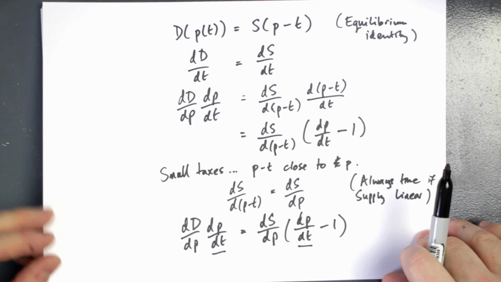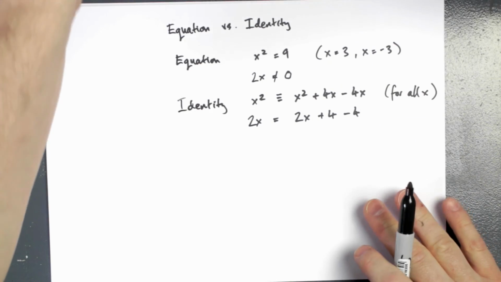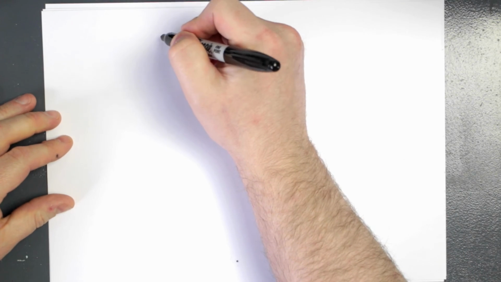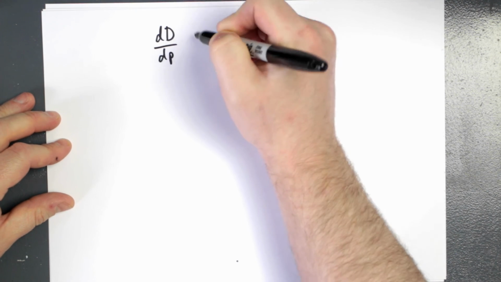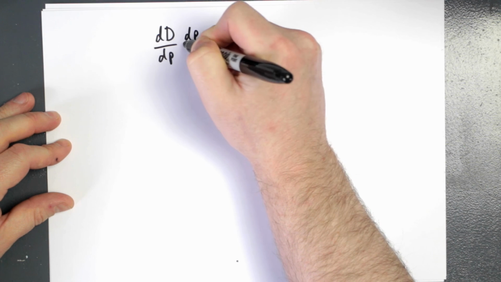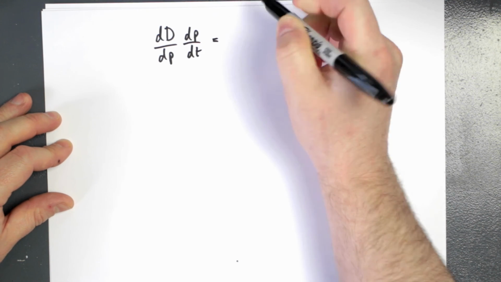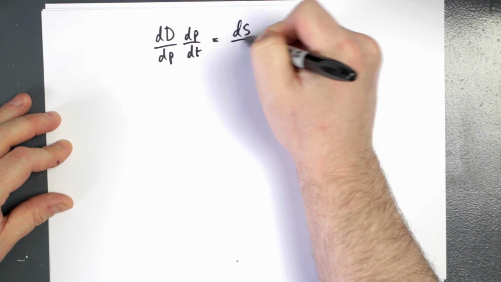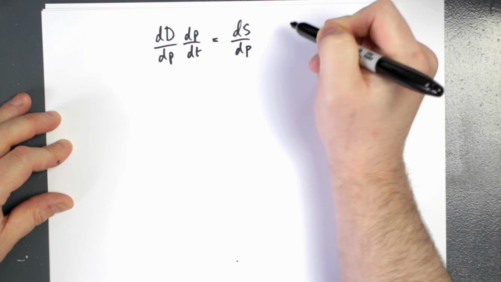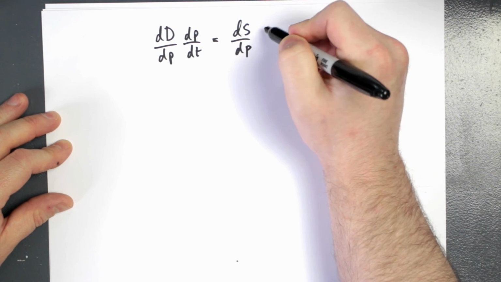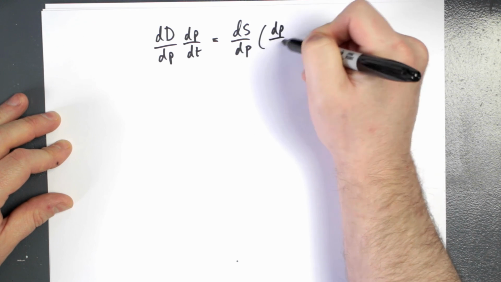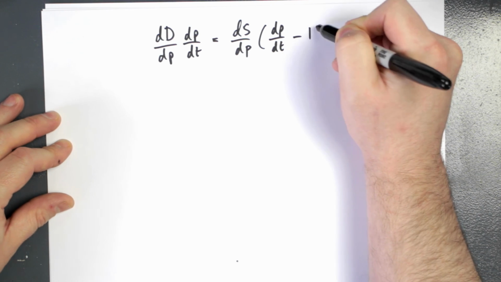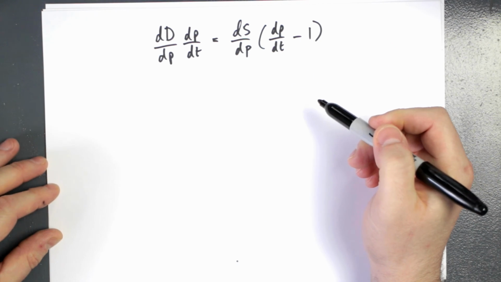So if we do some rearranging, let me just rewrite where we're up to: the derivative of demand with respect to price multiplied by the derivative of price with respect to tax is approximately equal to the first derivative of the supply function with respect to the price multiplied by the derivative of the equilibrium price with respect to tax, minus 1.